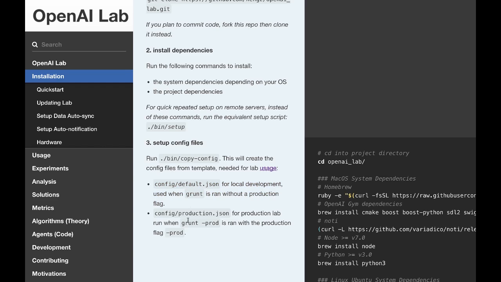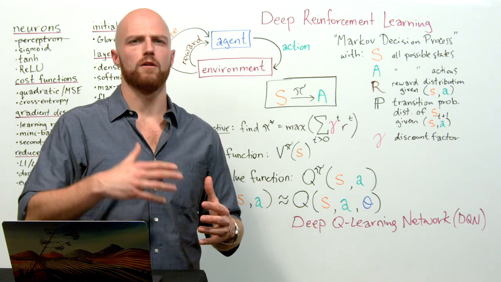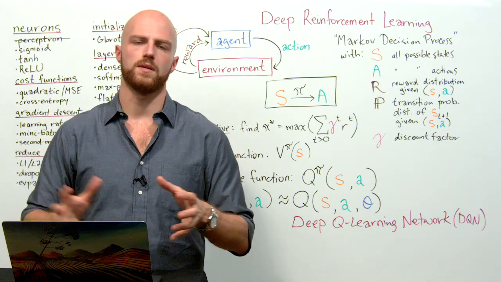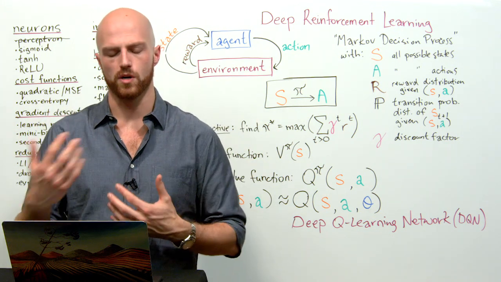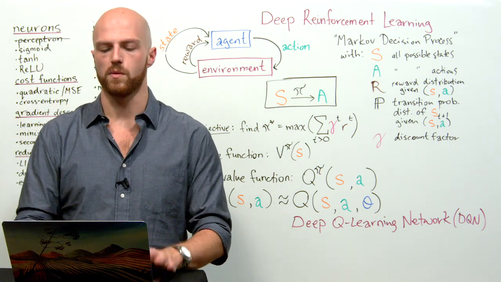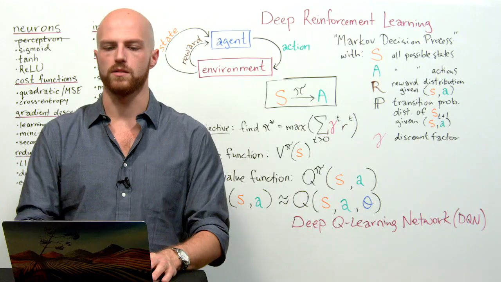All of the prod flag stuff, the production environment stuff, is talking about running the code on typically a remote server where you've lined up an experiment, decided how you want your parameters to work on your local machine, and then you run them in production out there. But we're not going to concern ourselves with that here today.